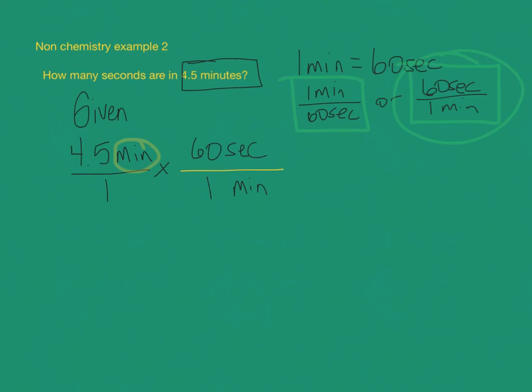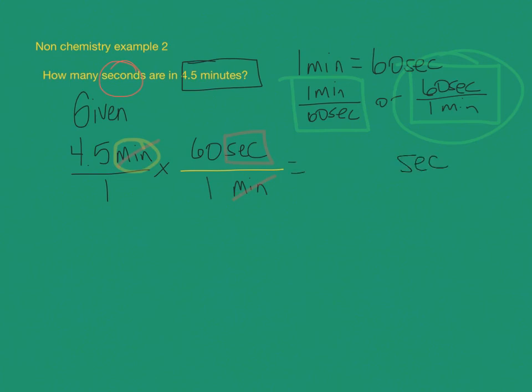The units that I want to end in are going to be seconds, because that's what the question's asking me. So let's see if my units cancel out. I have minutes on the top and minutes on the bottom, so they cancel out. And then I have seconds. Do I have seconds on the bottom so I can cancel those? No, so seconds is what I have left. And that's good, because that's what I want in my answer. So seconds is going to be my answer.